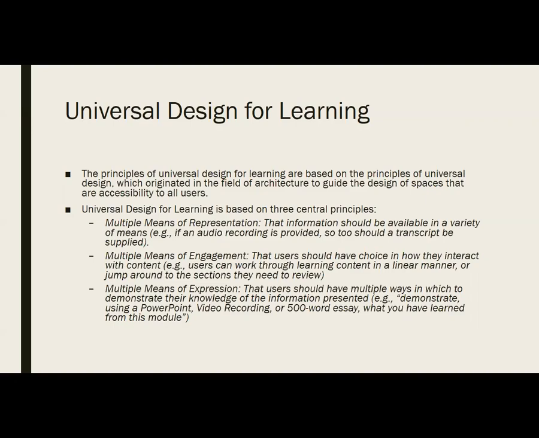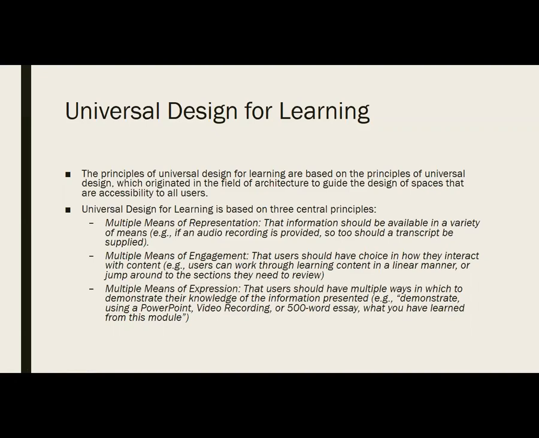The first one is multiple means of representation, and by that we mean that whatever material or resource is being presented as a means of learning should have a variety of formats, or different means of accessing it.